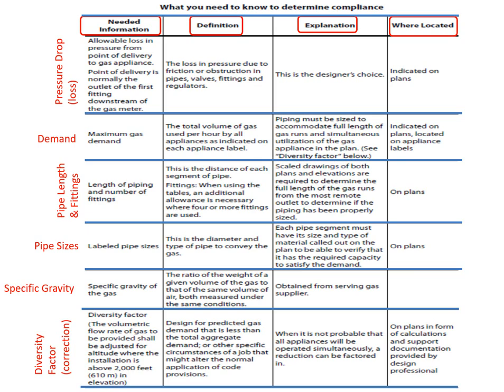Explanation. The piping must be sized to accommodate full length of gas runs and simultaneous utilization of the gas appliance in the plant. And we'll look at diversity factor below and qualify when and where we can modify the demand of the system. Finally, where located, we need to understand the designer's intent.